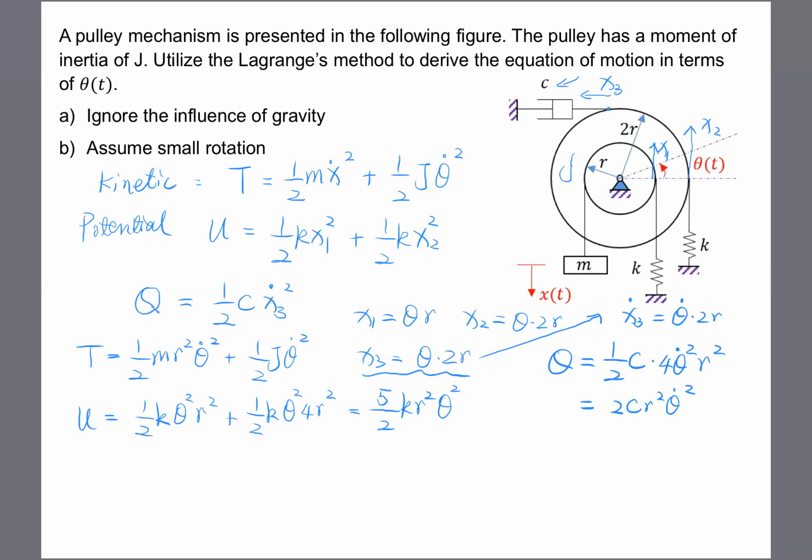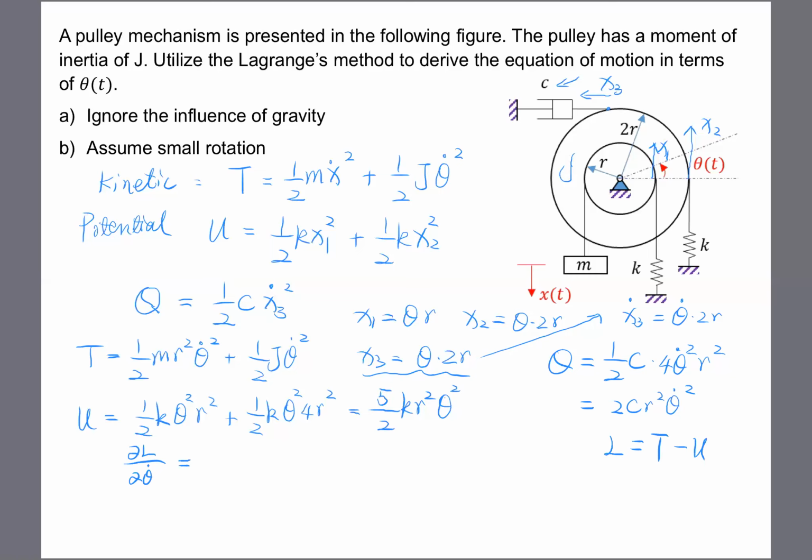Okay, so up to this point, we have T, U, and Q. They're all in terms of theta. So the next step would be calculating partial L, partial theta dot. If we check the class notes, your L is T minus U. And we know that only the T term has theta dot in it.